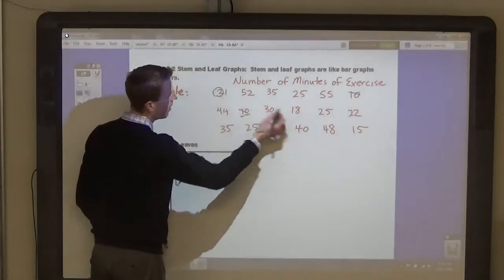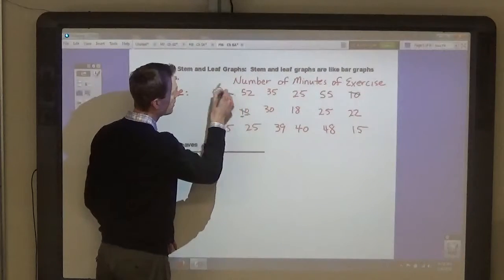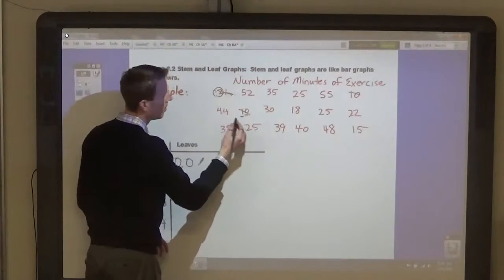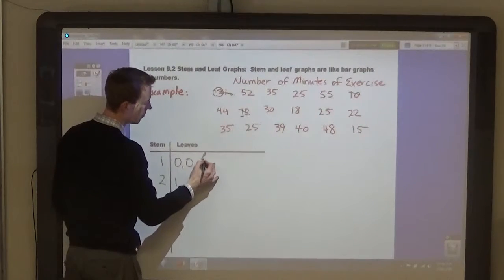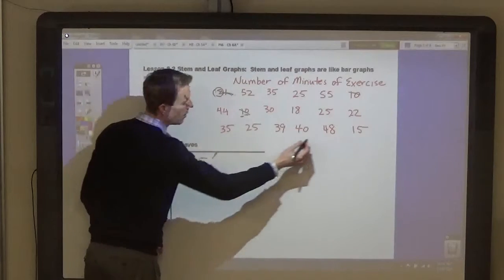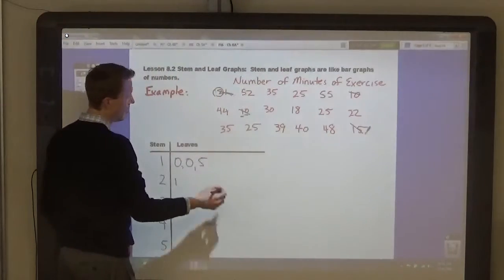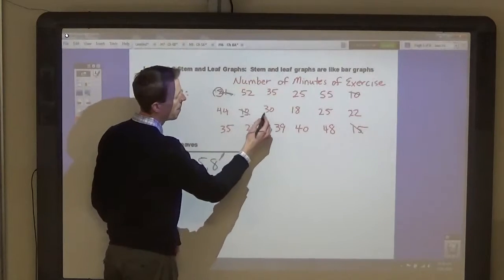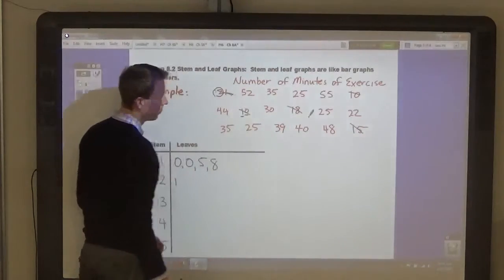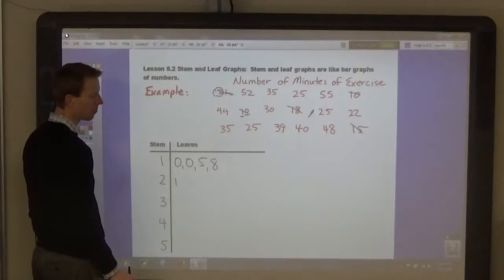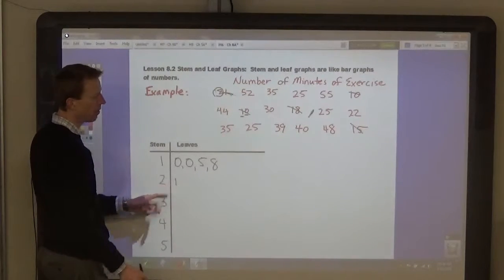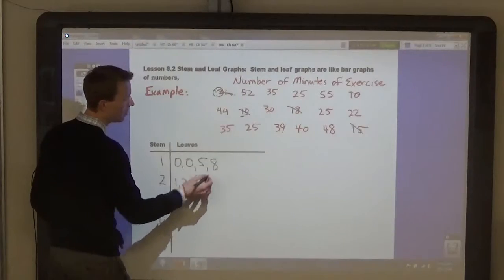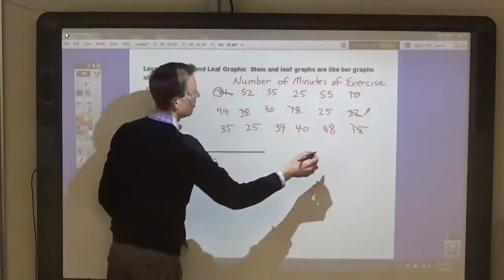Oh, there's also a, and cross it off as you go. There's an 18. Yep, there's a 15. Let's cross off the 15. Cross off the 18. And then there's 21, 22, 23.